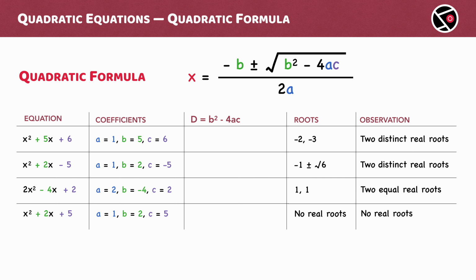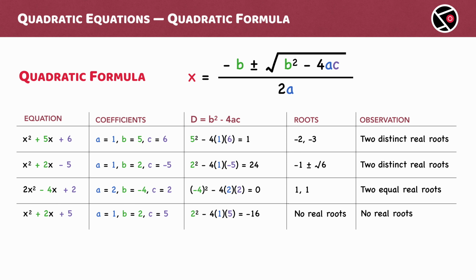For equation 1, d is 5 squared minus 4 times 1 times 6, or 1. For equation 2, d is 24. For equation 3, it is 0. For the last equation, d is minus 16.